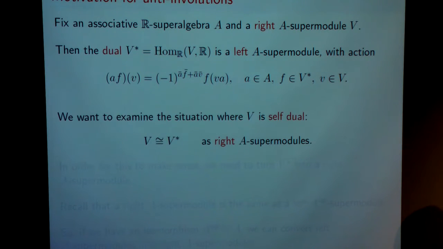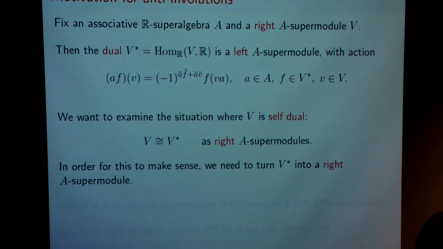But in the unoriented case that we're going to look at, we're going to want to consider the case where a module is dual to itself. In order to be dual to itself, it doesn't make sense for a right module to be isomorphic to a left module, right? So we need them both to be right modules in order for this statement to make sense. So we need to turn B dual into a right supermodule, and that's exactly what we can do with a superinvolution, right?